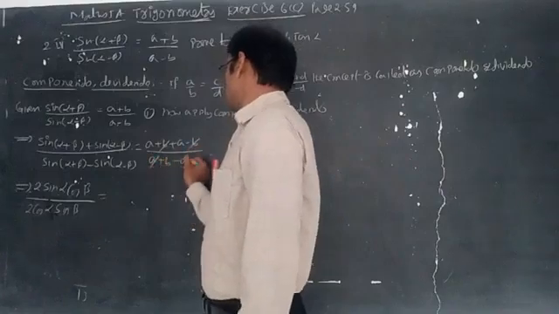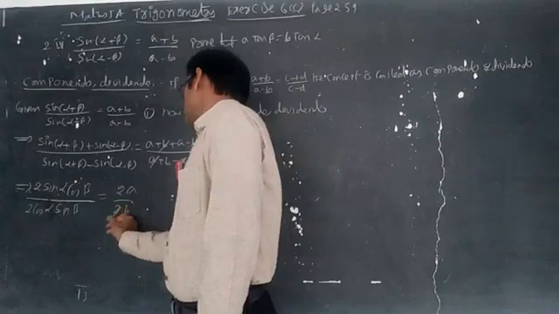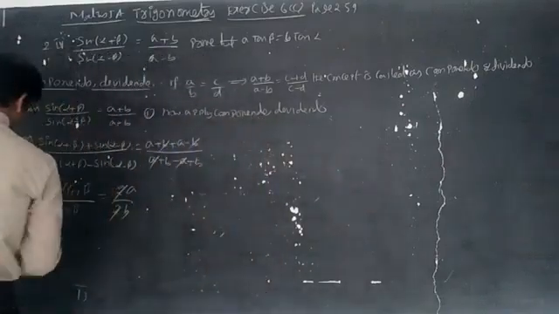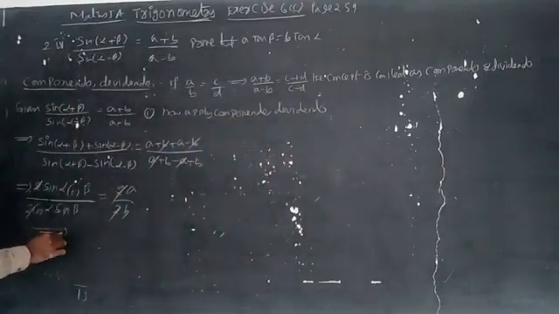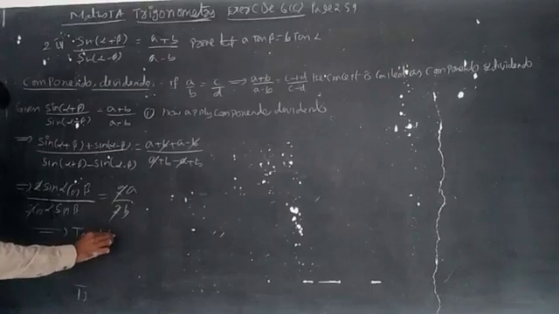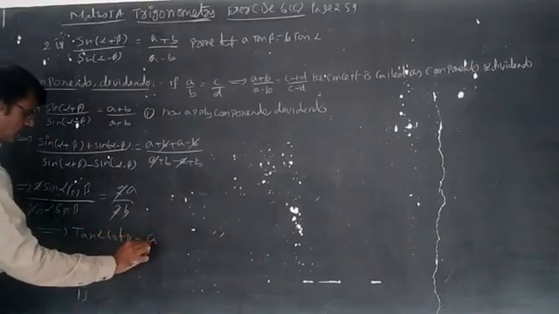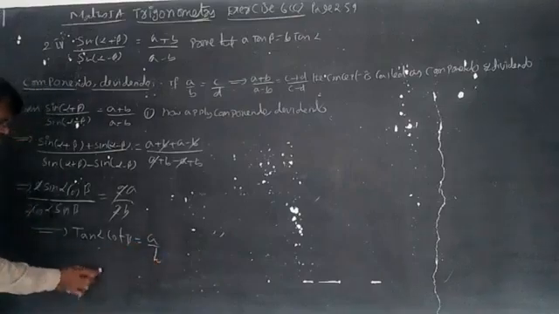here b and b get cancelled, a and a get cancelled. So write here 2a by 2b. This 2 and this 2 get cancelled. That implies sin alpha by cos alpha you can write as tan alpha. Tan alpha into cos beta by sin beta becomes cot beta, is equal to a by b.